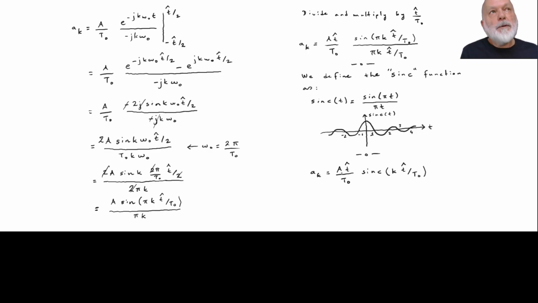Now, if we compare this Fourier series representation of the periodic pulse train with the Fourier series expansion of the periodic impulse train, in the impulse train, we remember that the coefficients are all equal to 1 over T0.